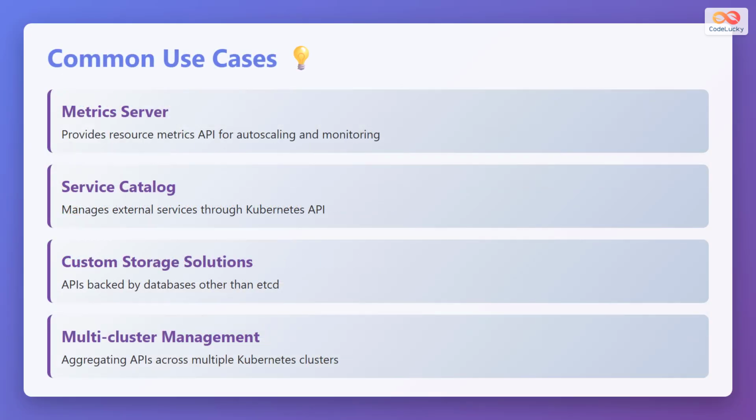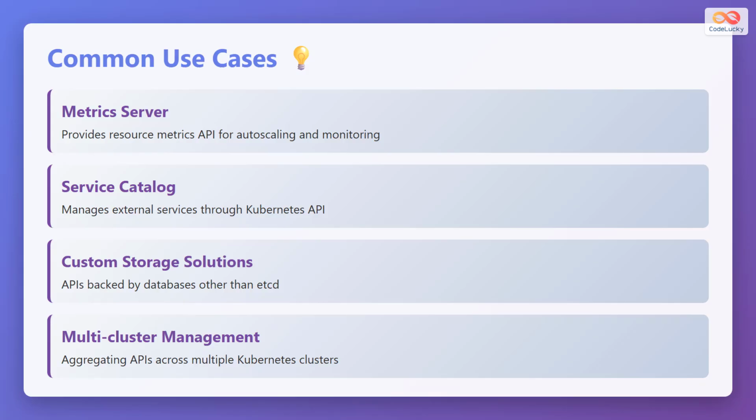Let's explore some common use cases for API aggregation. The metrics server is probably the most well-known example. It provides the resource metrics API used for autoscaling and monitoring, serving endpoints like kubectl top. The service catalog is another popular use case, allowing you to manage external services through the Kubernetes API.